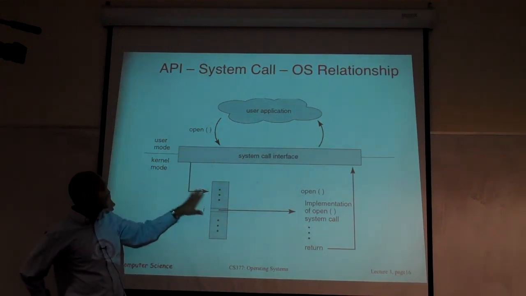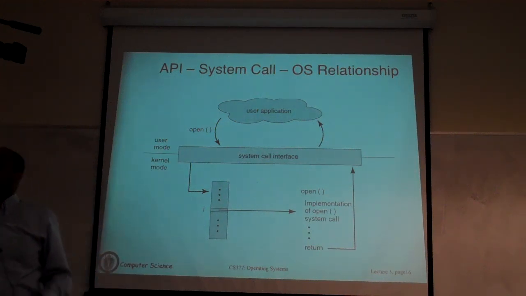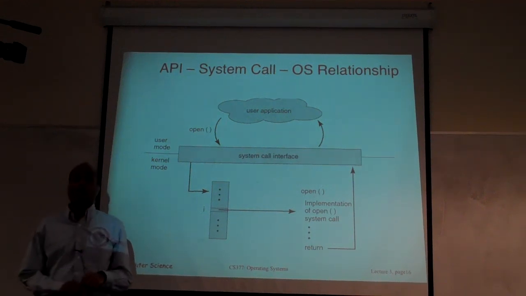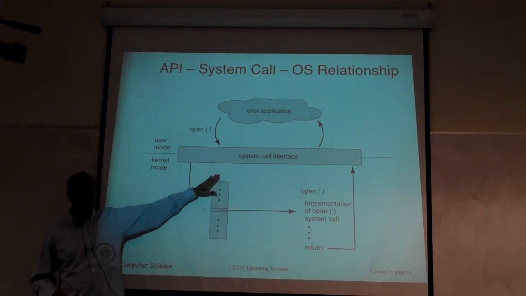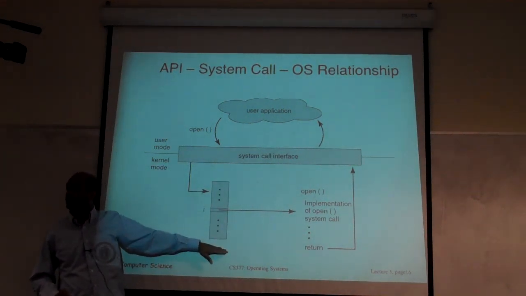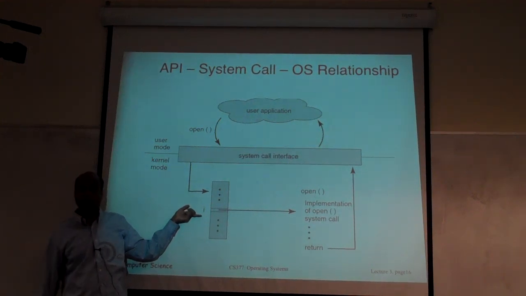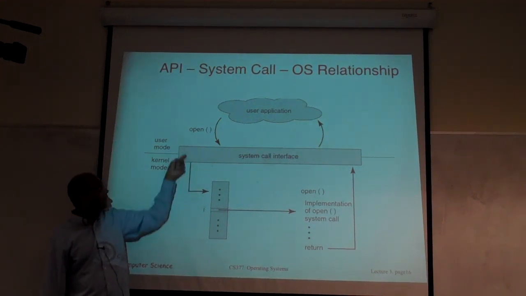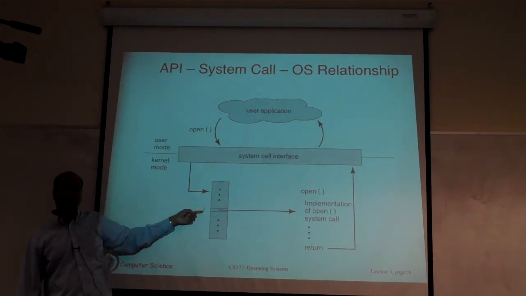What that will do is cause a trap. If you remember what I talked about last time, this is where you switch from user processes to the kernel. So you'll have a trap that will go into a trap vector, and that will index into a table. This is the system call table. Every system call that you invoke has a unique number, and I'll show you some. So you call the Unix open system call. That's system call i.